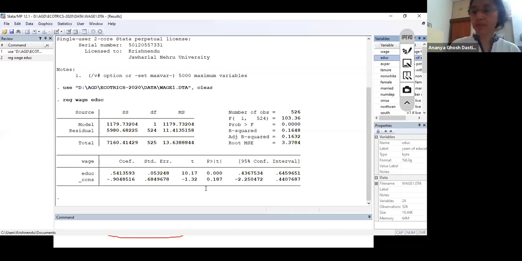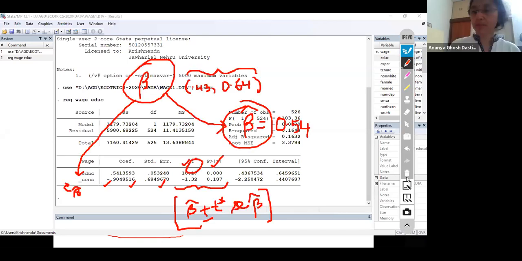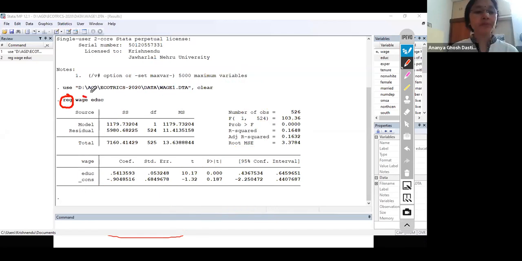So here you are. I have run a regression where the dependent variable is wage and the explanatory variable is education. Now, look at all the coefficients. Education, exactly the same, 0.54. The constant term is minus 0.90, just as we saw in case of Excel.